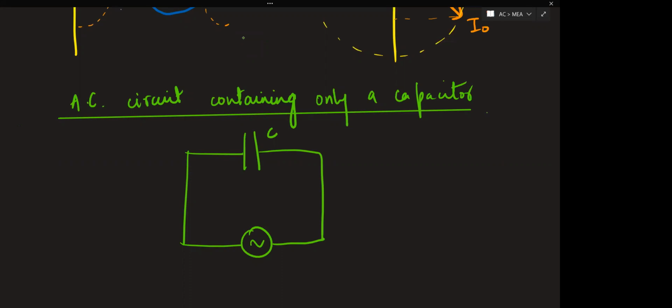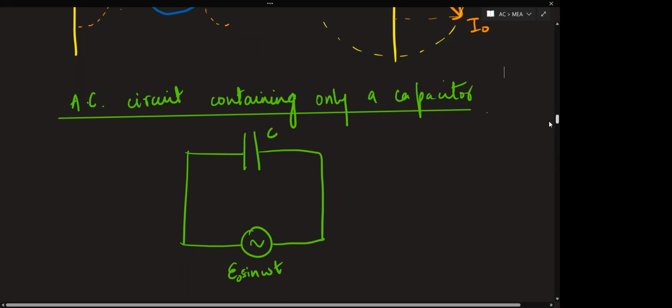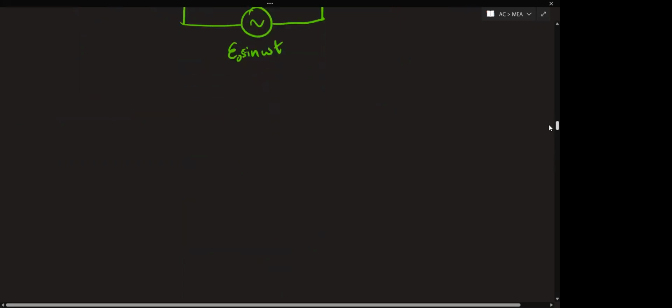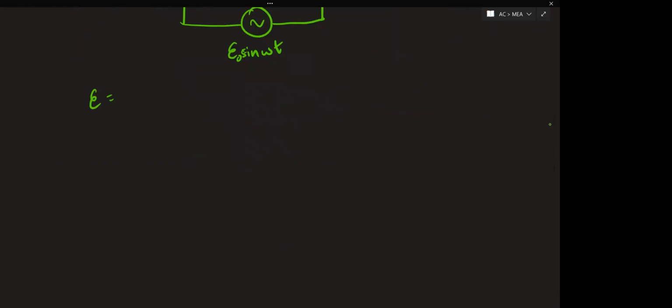In an AC circuit containing only a capacitor, let's say E is equal to E naught sine omega t. Due to the continuous charging and discharging of the capacitor plates, an alternating current exists in the circuit.